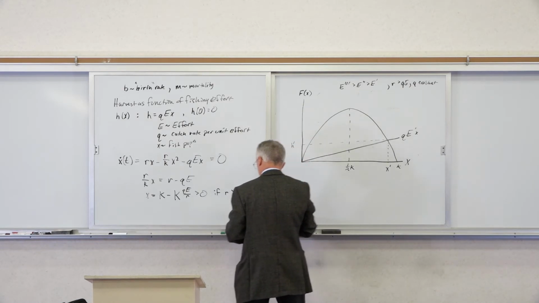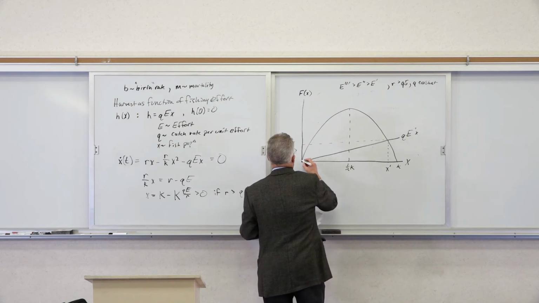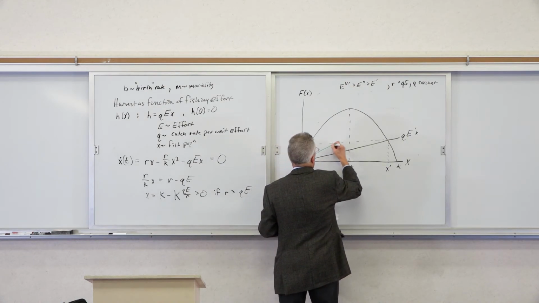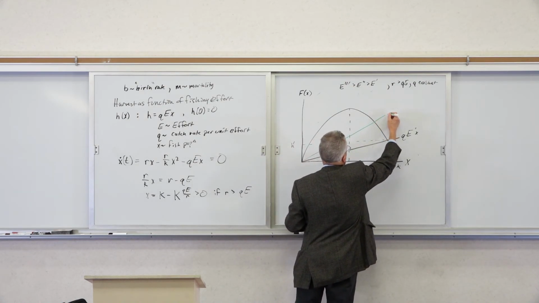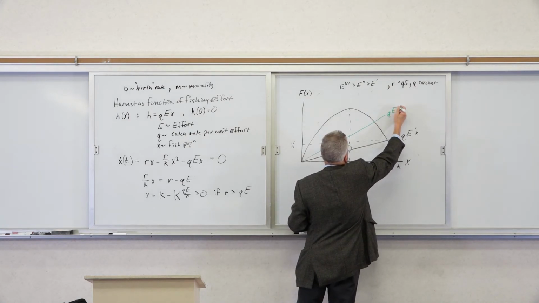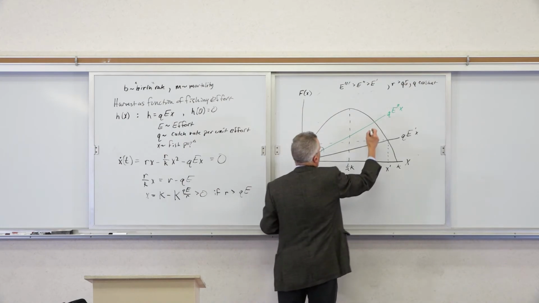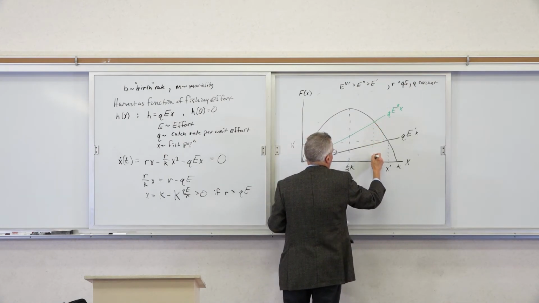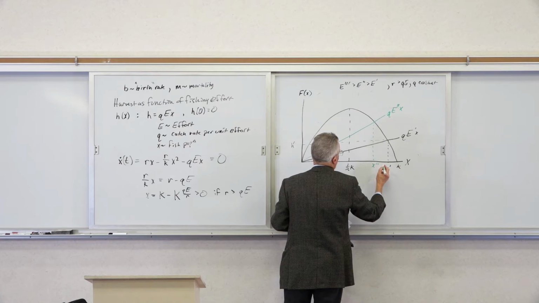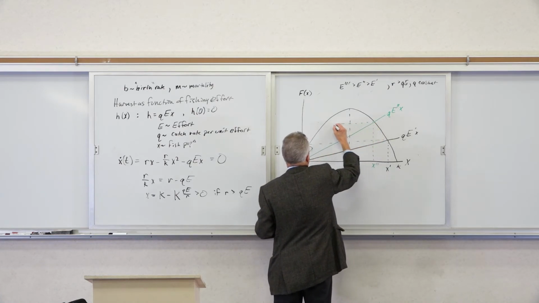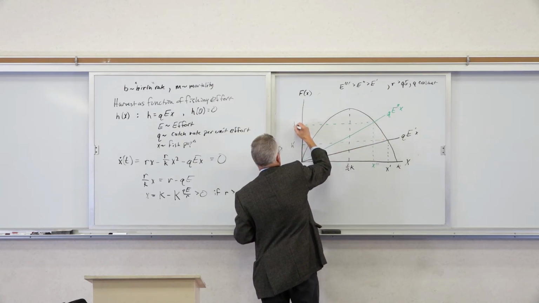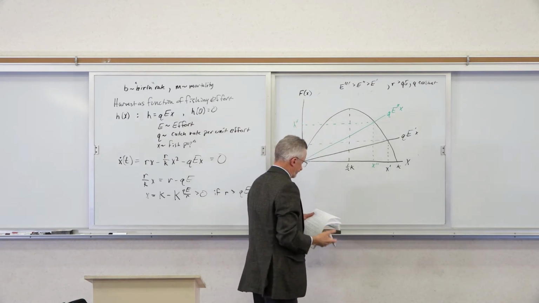Okay. Switch colors. And here is QE double prime of X, giving us X double prime and H double prime.